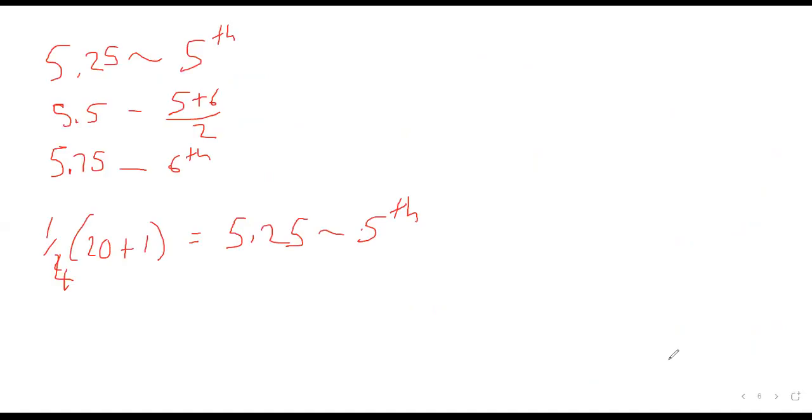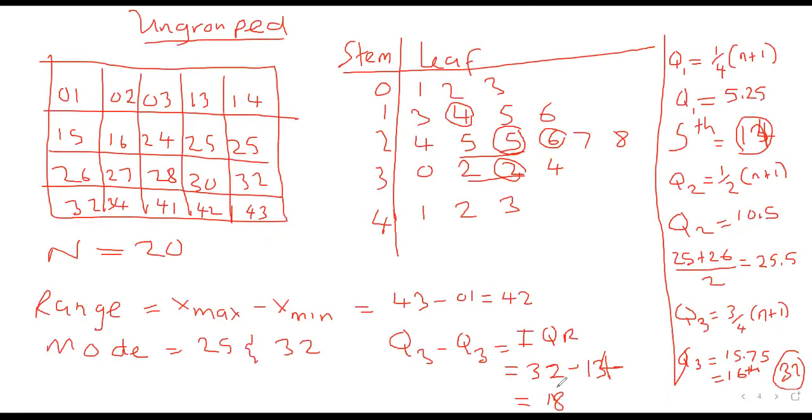So our quartile deviation, which is the same as the interquartile range, is 18, which we found as 32 minus 14. Is that clear?